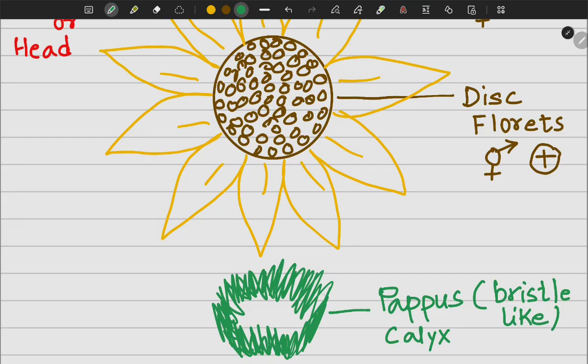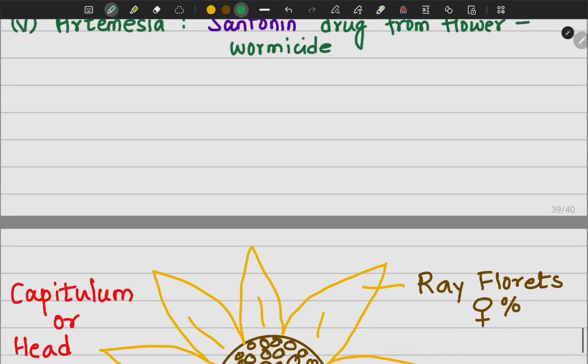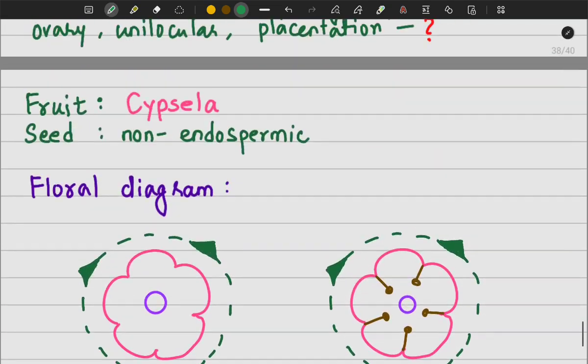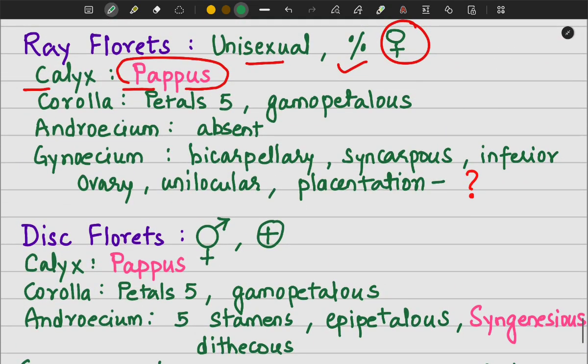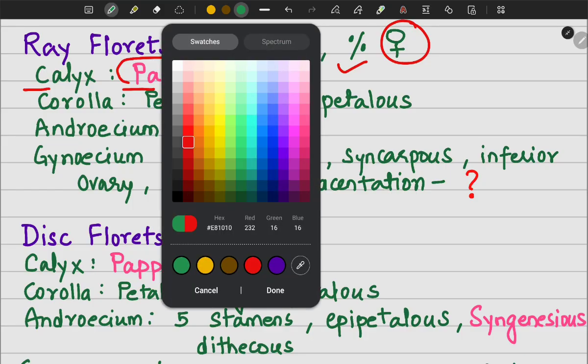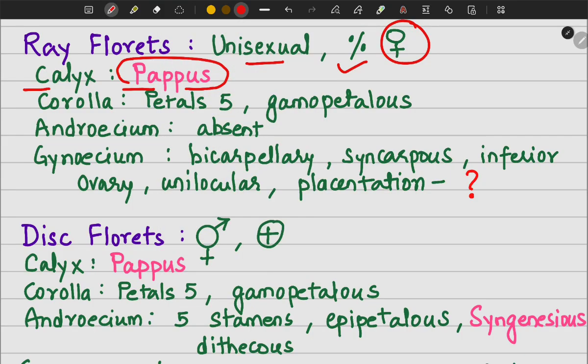Alright, and we cannot count the number of bristles, so we do not write the number of calyx. Instead we write pappus. So the calyx is pappus. Corolla has 5 petals and they are fused, so gamopetalous.